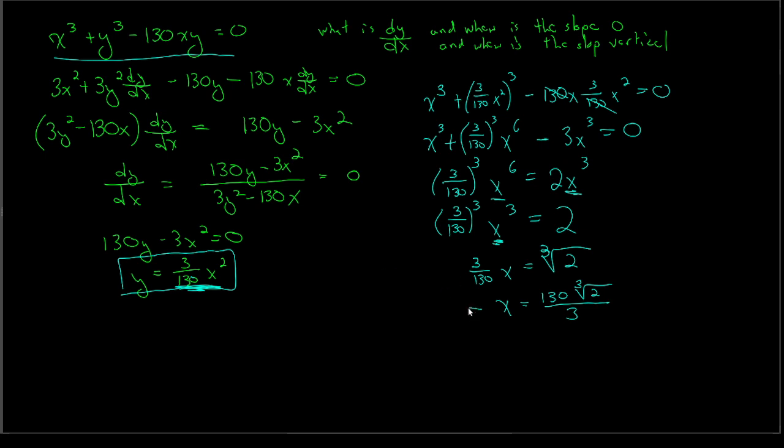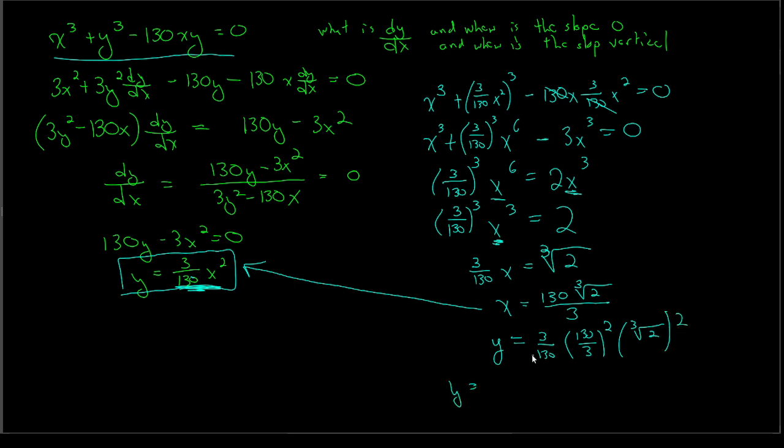And if I want to find y, I plug that into here. And so y will be 3 over 130 times 130 over 3 squared times cube root 2 squared.